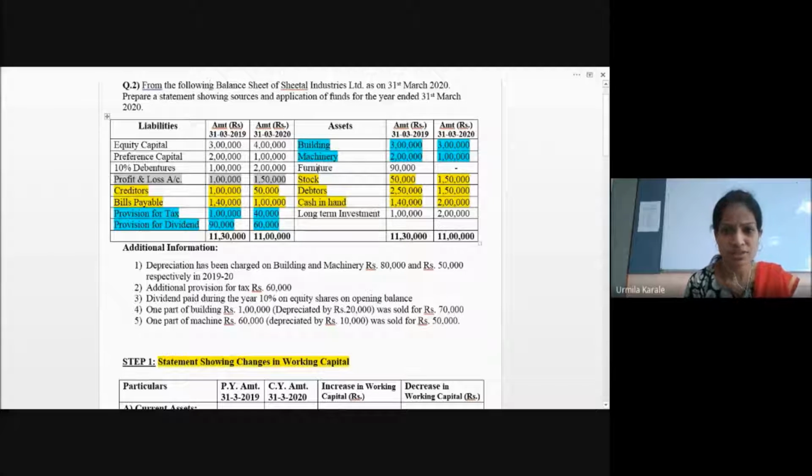But for this, you can skip it if you can understand directly that furniture is not there, meaning you may have sold it, and long-term investment has increased, so you may have bought it. So you can directly write these two amounts in the final statements, or you can create accounts for them as well. It is not compulsory for these two. For 1, 2, 3, and 4, we have to create accounts. Along with that, if you want this and this also, you can create them.